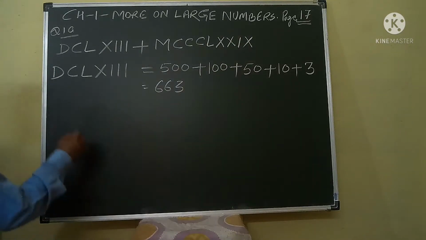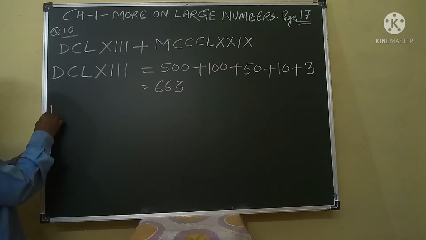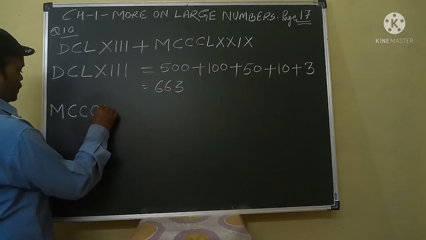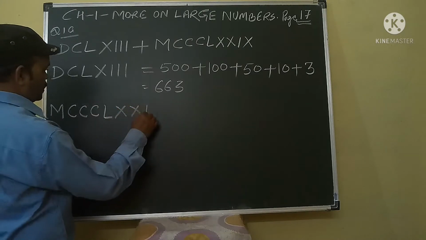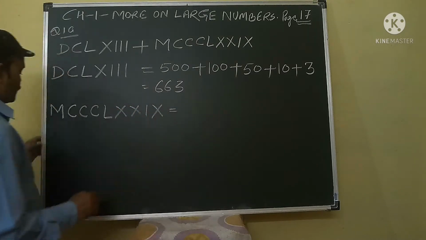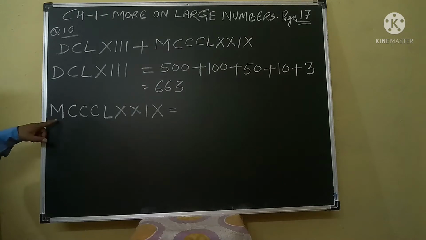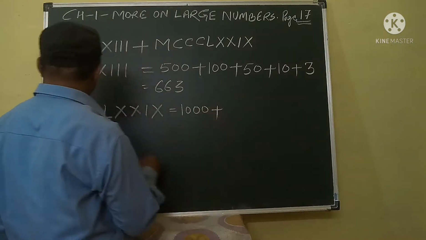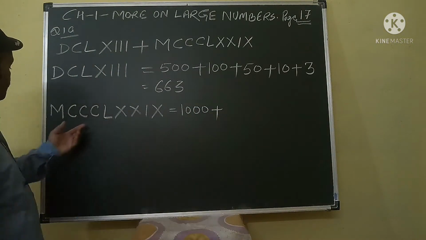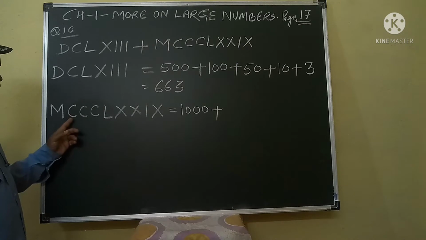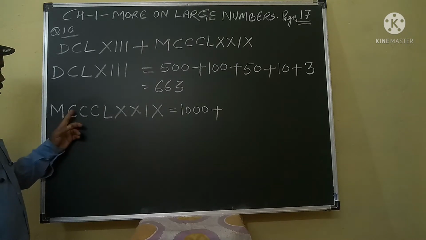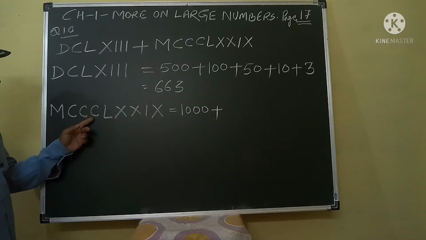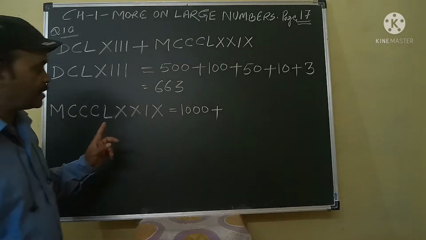Now we will discuss which natural number this symbol stands for. Now look here: M C C C L X I X. You know very well, M is a symbol of 1000. C appears 3 times, so 100, 100, 100, which gives you 300.